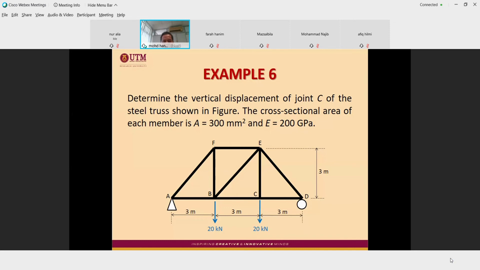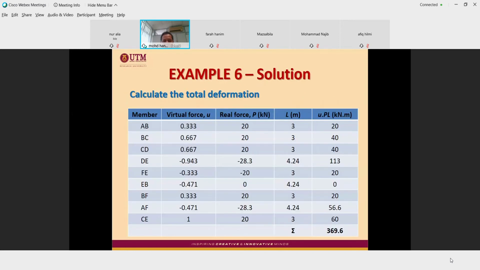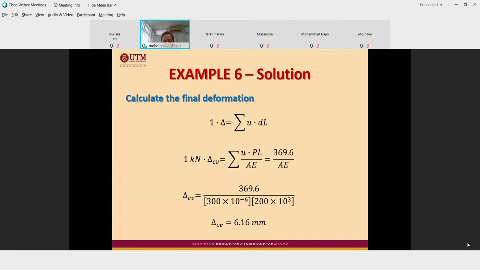When AE is constant throughout the structural member, then we don't have to calculate A and E in this table, because it is consistent. It is constant. So AE is here, 300 by 200.